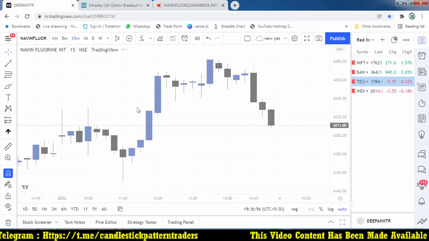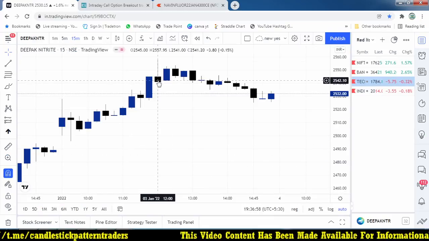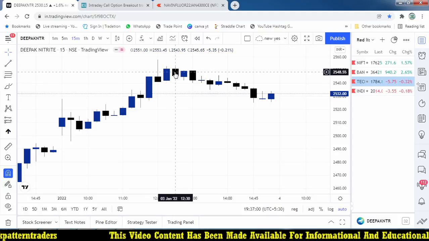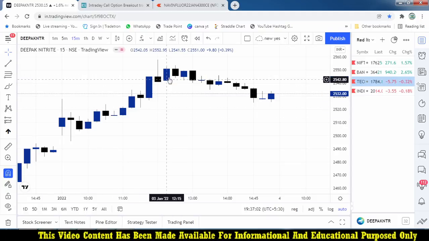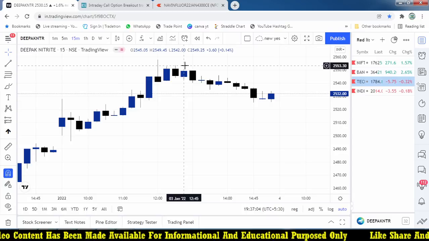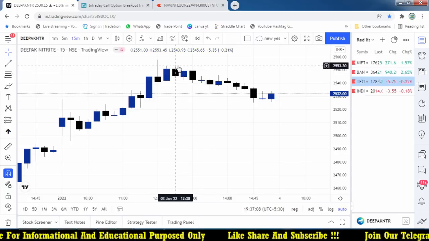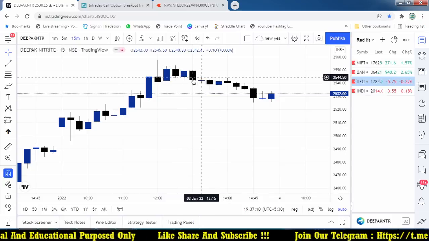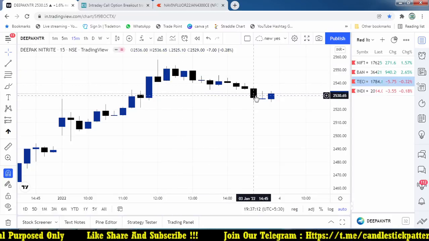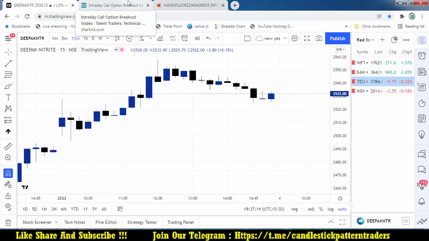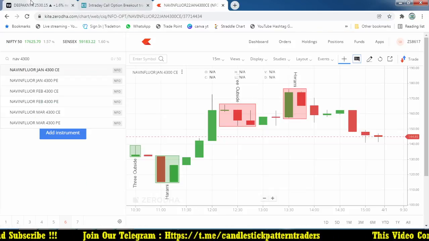Deepak Nitrite, 12:30, maybe this. 12:15, 12:30. We didn't get any breakout above the highest level of that particular one. So we didn't get any opportunity in futures, and we may not be getting any opportunity in options also. Right, and then the last one is MPSS.